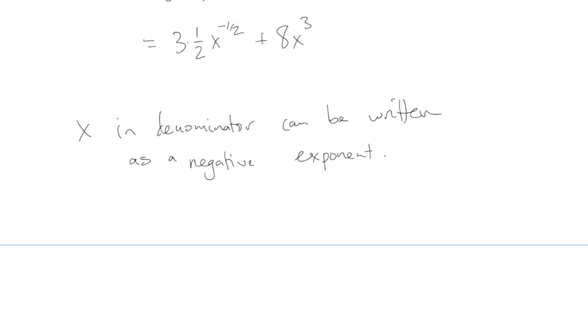For example, 1 over x to the 5 is the same as x to the negative 5. That's what x to the negative 5 means. So if you see x in the denominator to some power, you can often rewrite that as a power of x using a negative exponent.